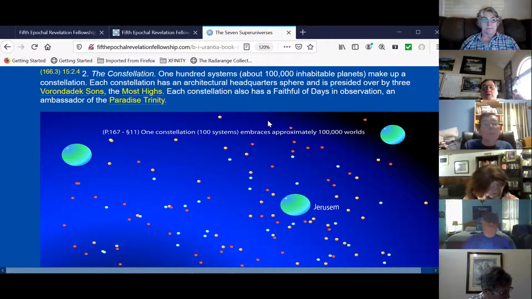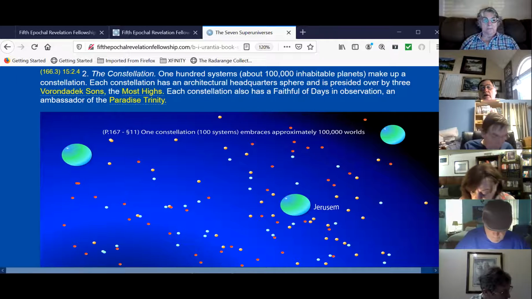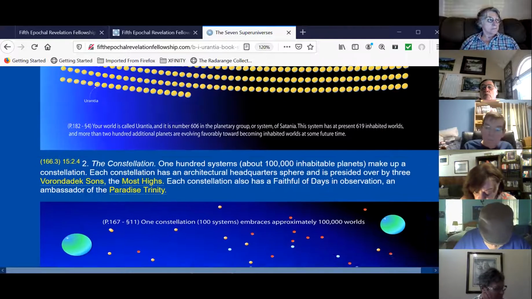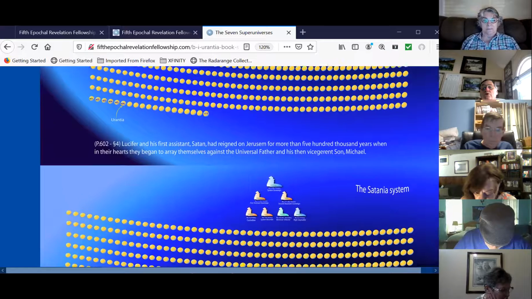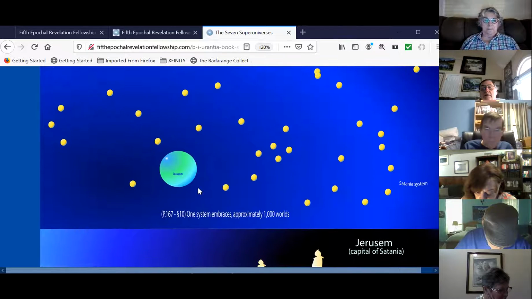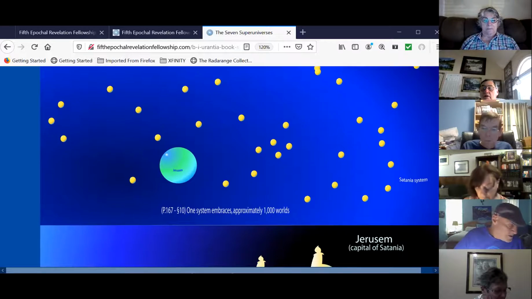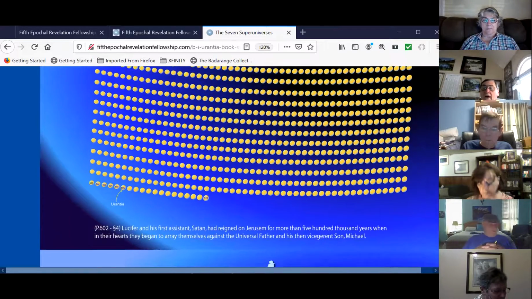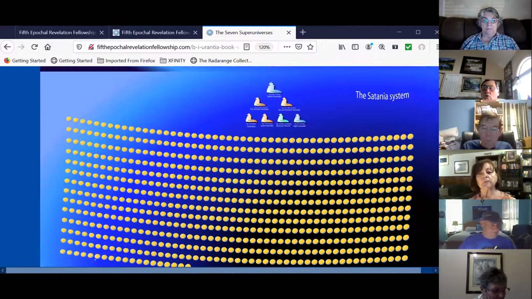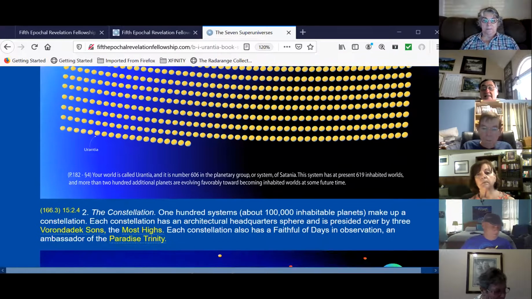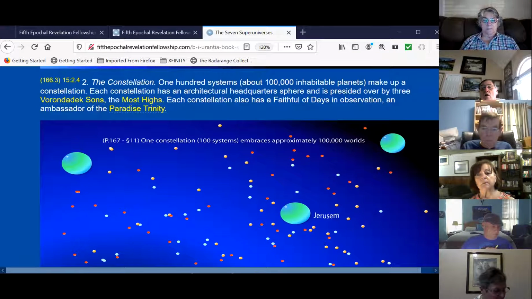Okay, now let me mention something too. They talk about the architectural sphere, didn't they? All right. Now, remember our system headquarters, Jerusalem, is an architectural sphere, right? So that seems to be the way that all these headquarter worlds for both the systems and the constellations all have these architectural spheres, okay?